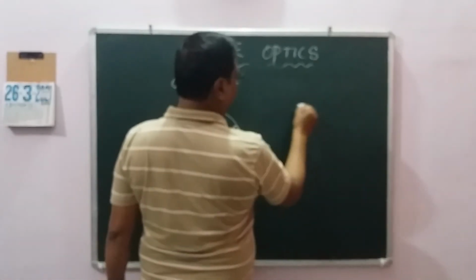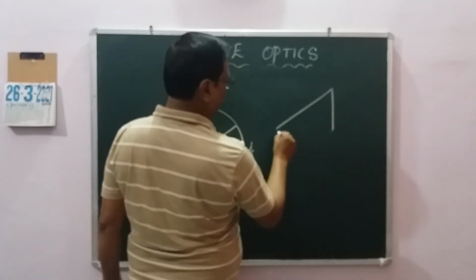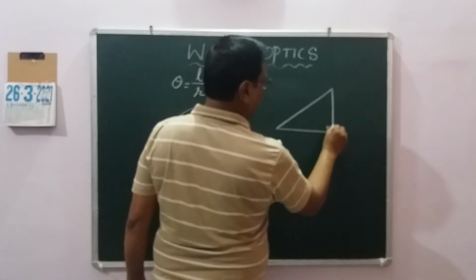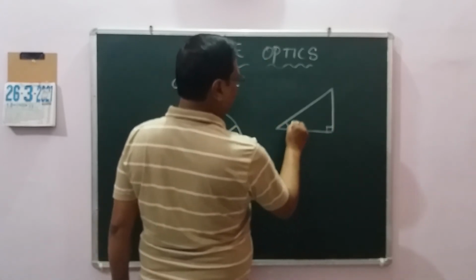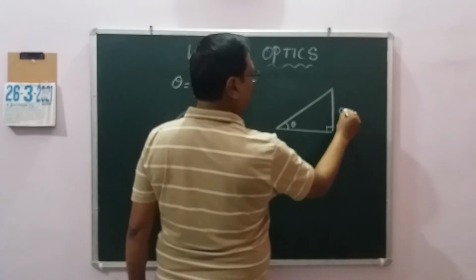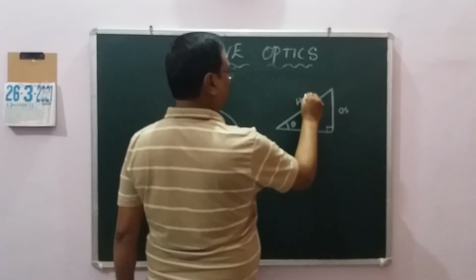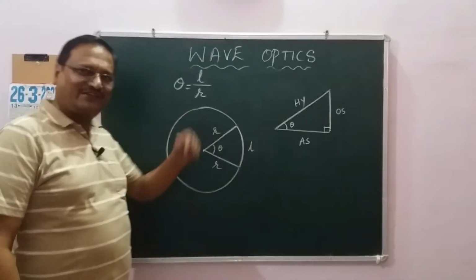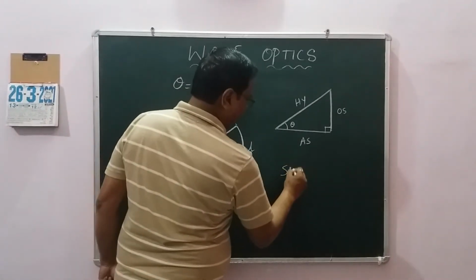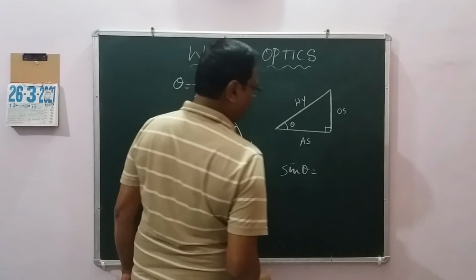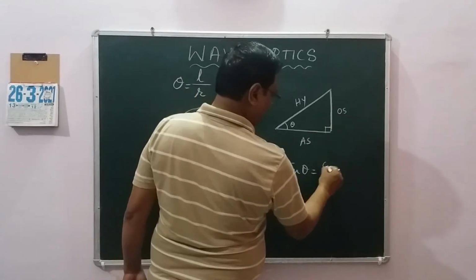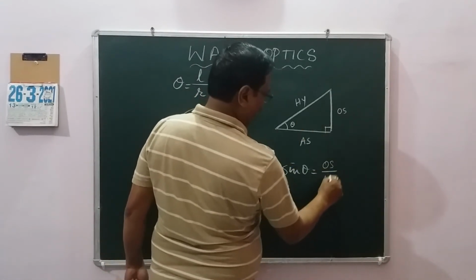Now, let us take a right angled triangle. This is the angle theta, this is the opposite side, this is the adjacent side, and this is the hypotenuse. Sine theta is equal to opposite side upon hypotenuse.